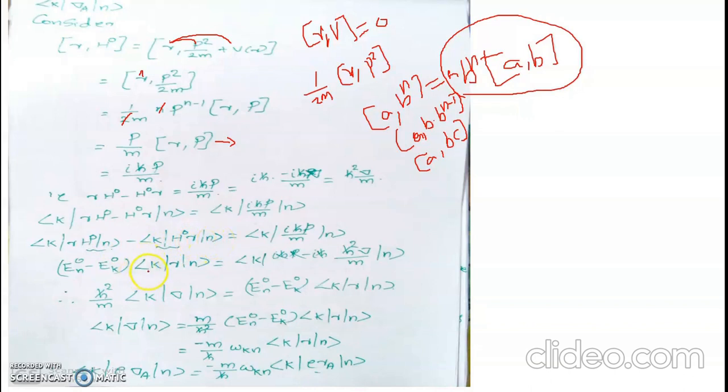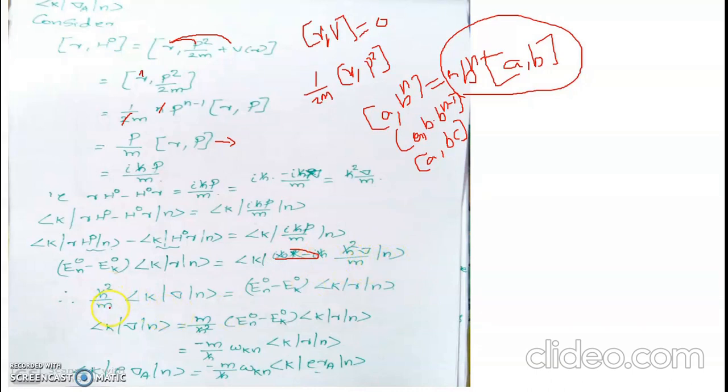That means scalar product K R ket n is common, and since En0 and Ek0 are scalars, En0 minus Ek0 into scalar product K R n is equal to scalar product K ih cross p by m. We have evaluated it as h cross square grad divided by m operating over ket n.